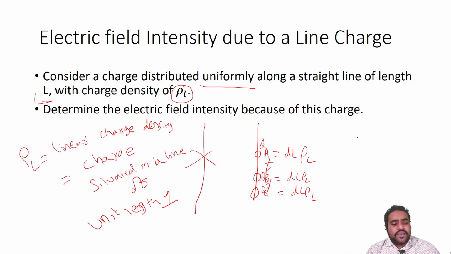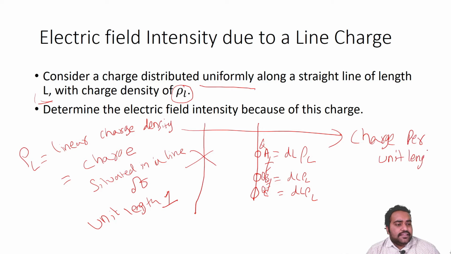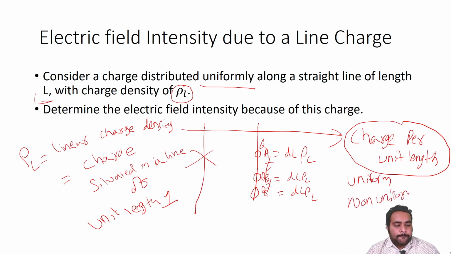The technical definition would be that linear charge density is nothing but charge per unit length. Now, if this is constant over all the length of the wire, then it is called uniform charge distribution, otherwise non-uniform. In our scenario, we discuss the uniformly distributed wire. Now, I want to determine the electric field intensity because of such charge.